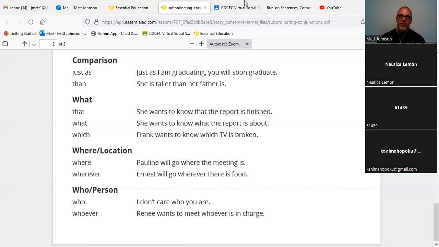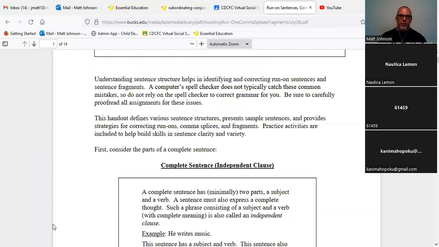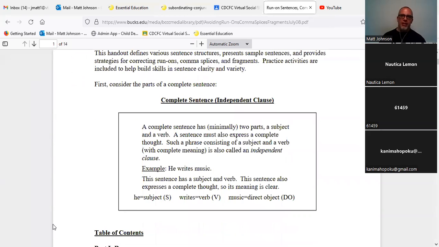Run-on sentences, I think we got a little more information here. So, as it says, a complete sentence is an independent clause. He writes music is the example there. A complete sentence has minimally two parts. I keep mentioning this: a subject and a verb. Most sentences you're going to see must express some complete thought, whether it's two words or you're adding information.